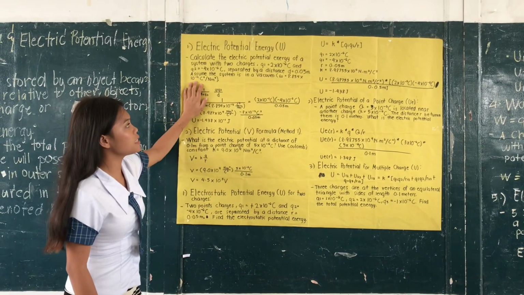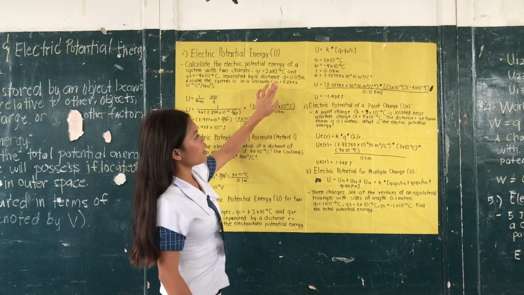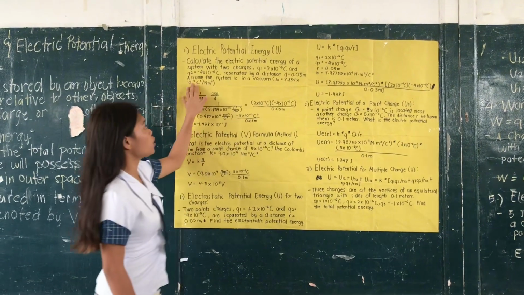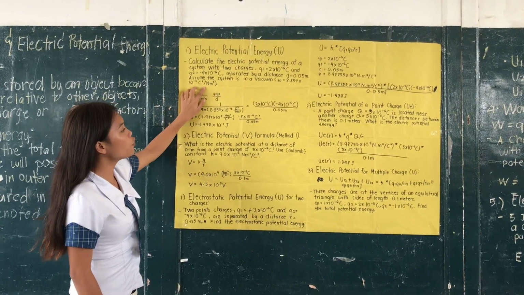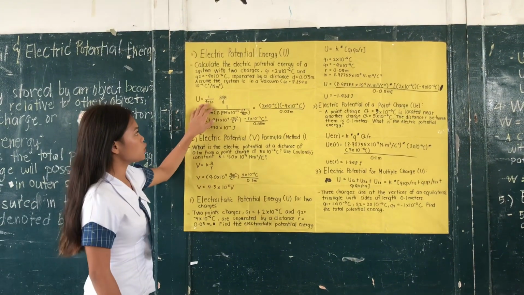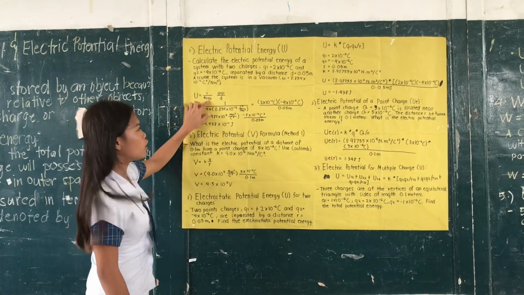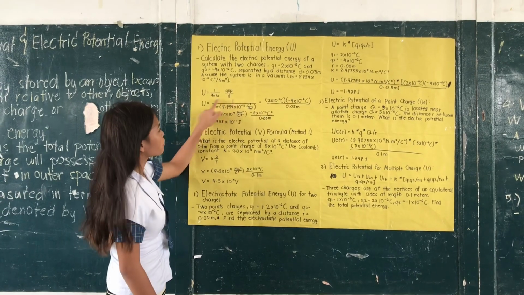Assume that the system is in a vacuum. Epsilon is equal to 8.854 times 10 to the power of -12 coulomb squared over newton meter squared. U is equal to 1 over 4 pi epsilon naught, Q1 Q2 over D.